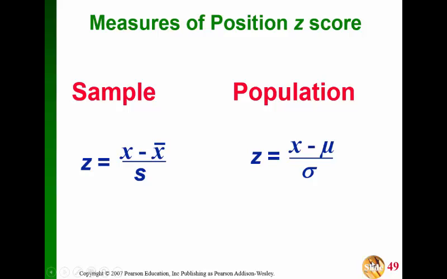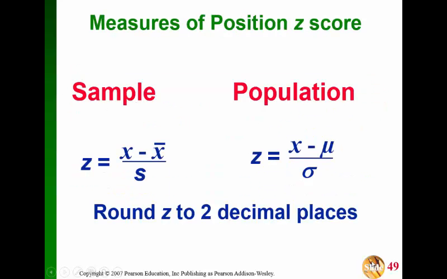So let's see. Maybe we can squeeze in an example here. Let's see if I can put it down here in the bottom. Let's say the mean height for men is about 5'10".